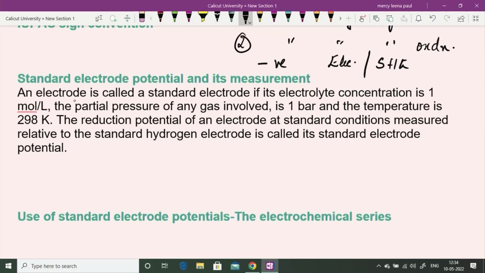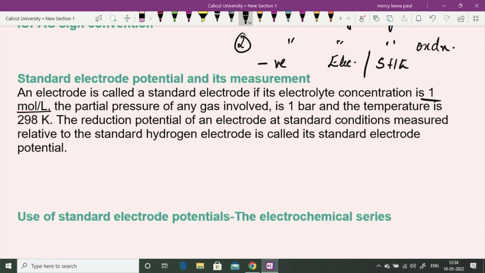Now, how is it measured? Before that, let us see what we mean by a standard electrode potential. An electrode is called a standard electrode if the electrolytic solutions involved in the electrode are of concentration 1 molar, or 1 mole per liter.